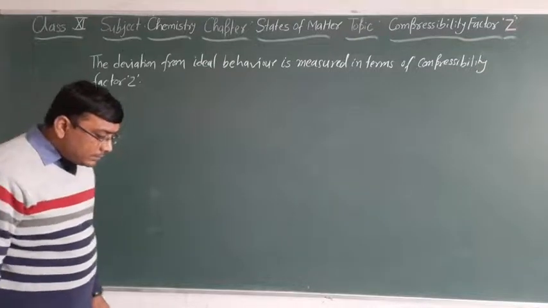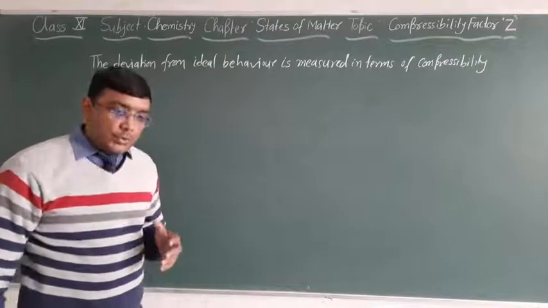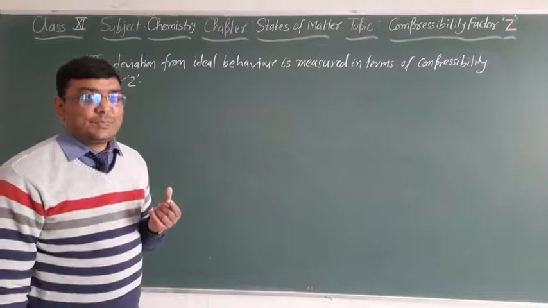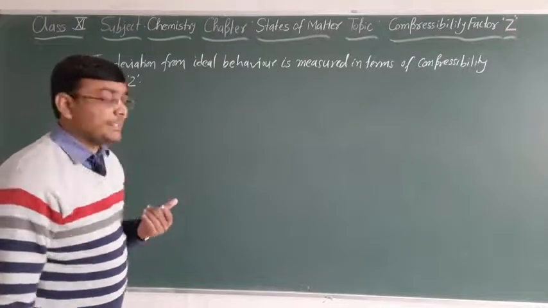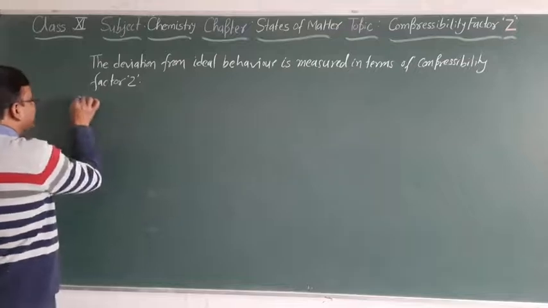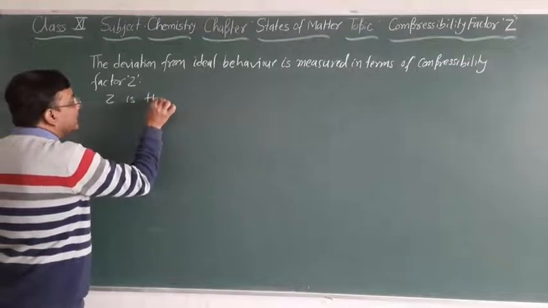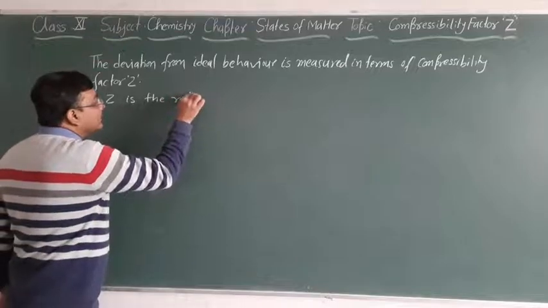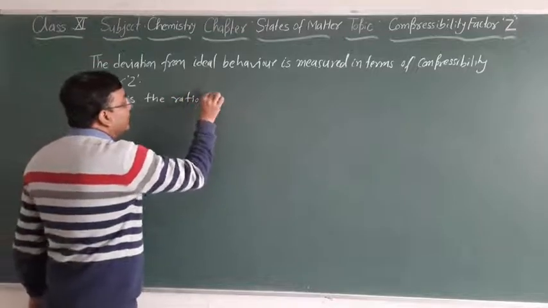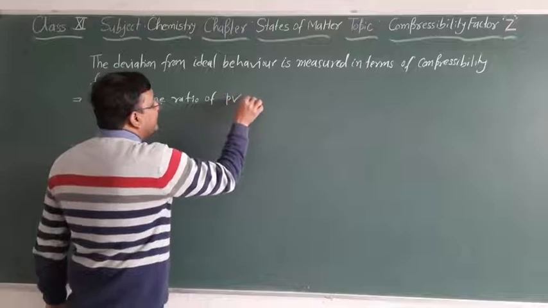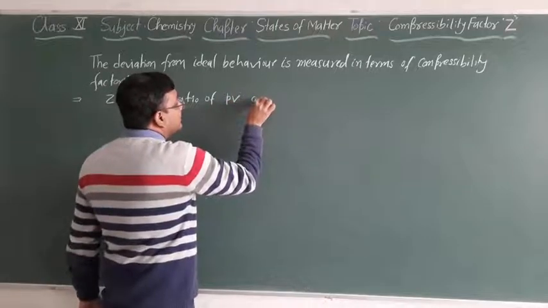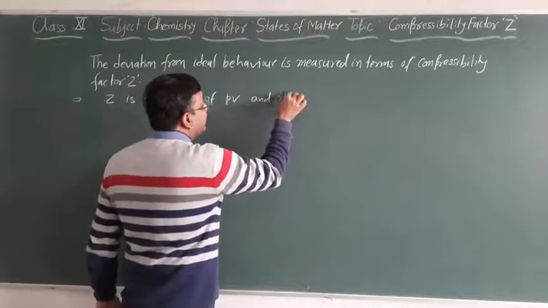So now here you might have the question, what is Z? What is the definition of Z? So we define Z. Z is the ratio of PV and nRT.